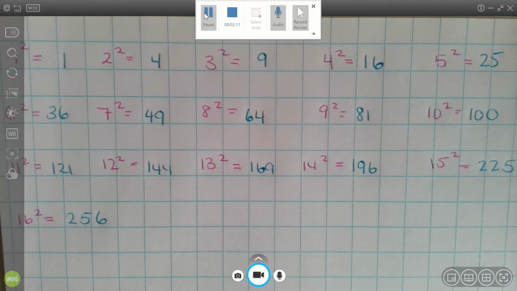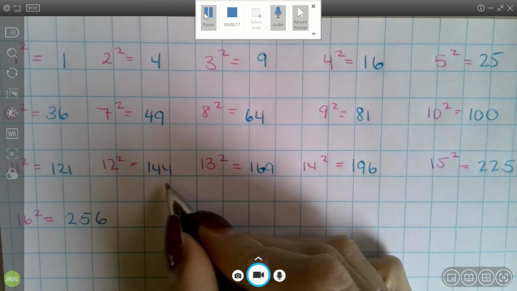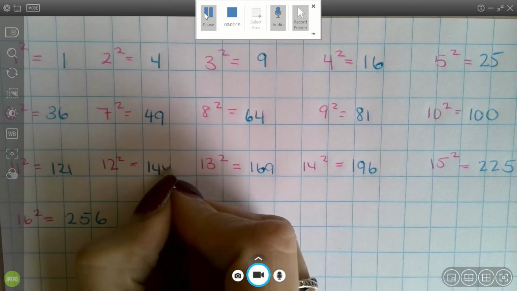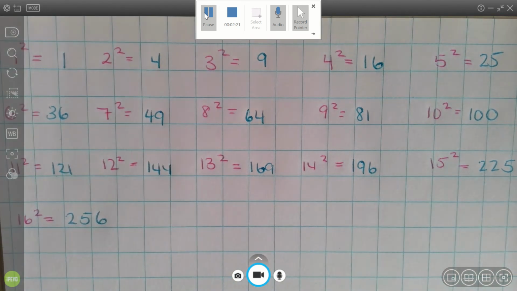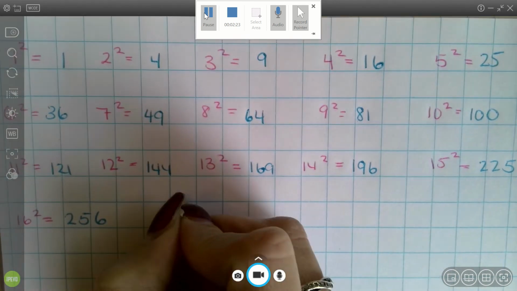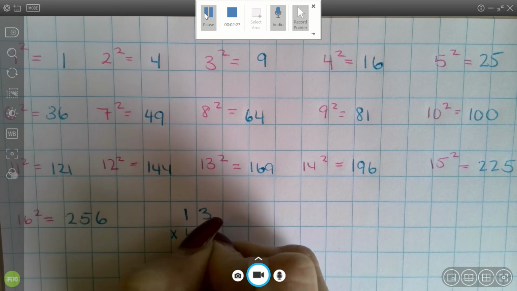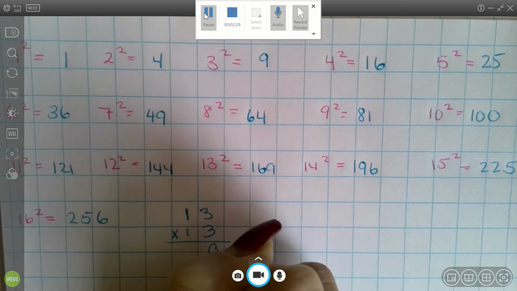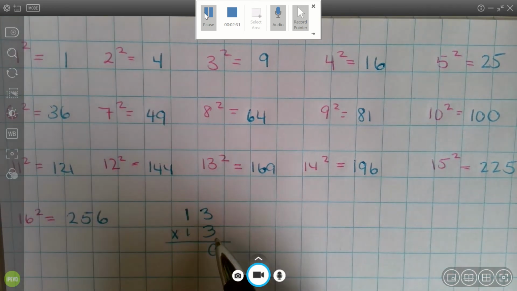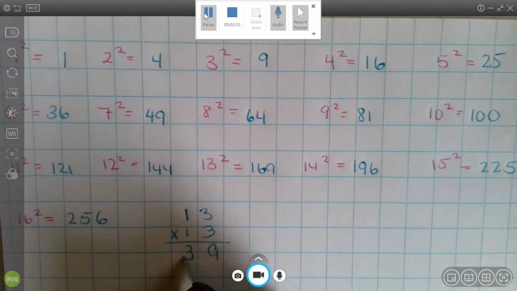And by the time you're done, you should have each of these. Now let's say you only have up to 12 squared memorized. You always can use your long multiplication and do a problem like 13 times 13. 3 times 3 is 9. 3 times 1 is 3.